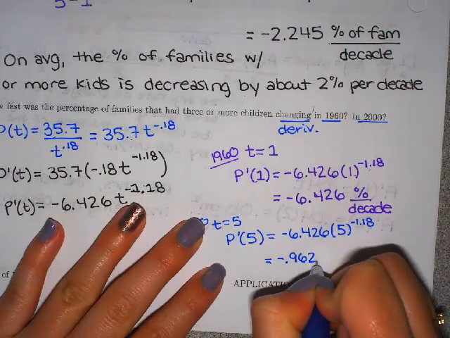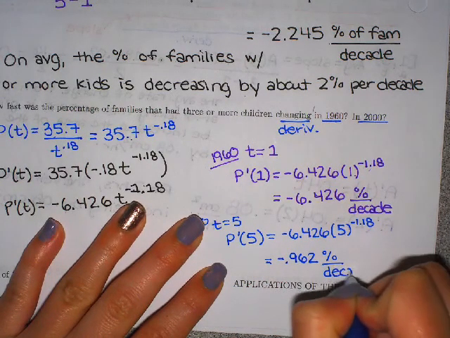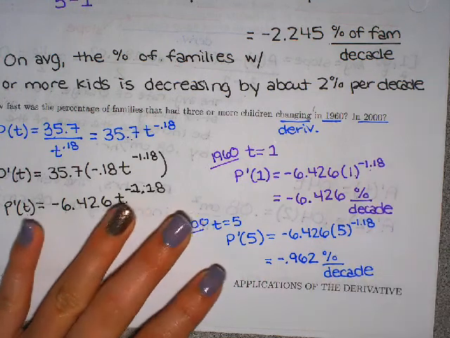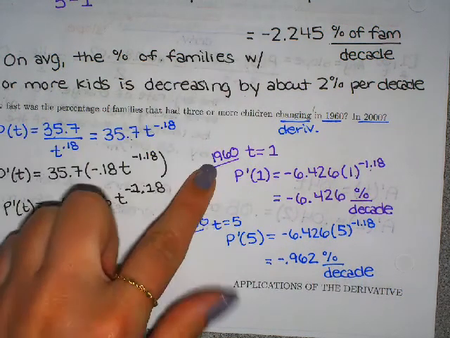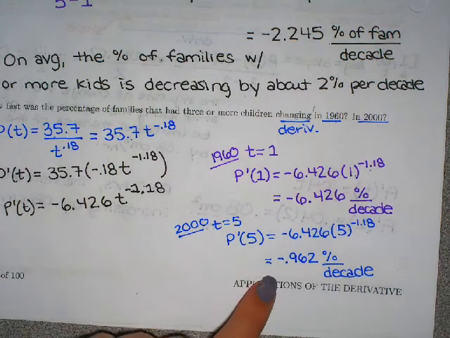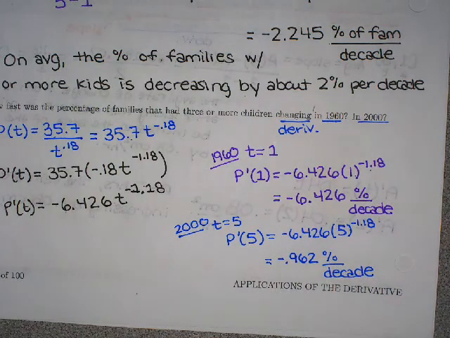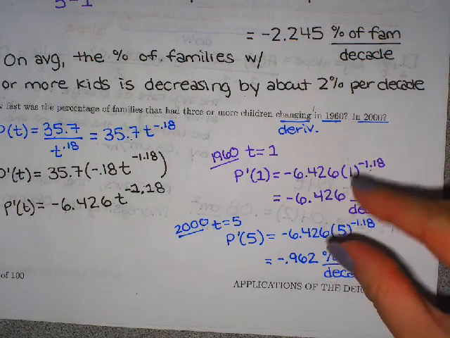So when we plug in, what you should get is negative 0.962% per decade. So pretty different answers from the average. The average was it was decreasing by about 2%, when in actuality in 1960 it was decreasing by 6%, and then in 2000 it was decreasing by about 1%.